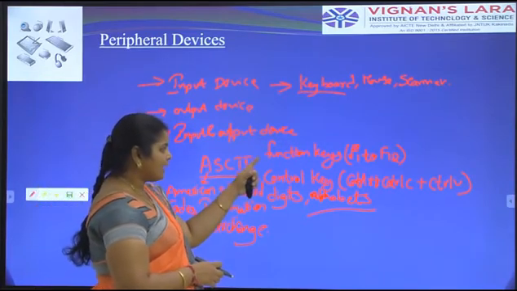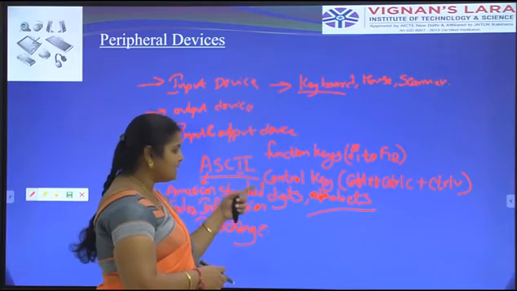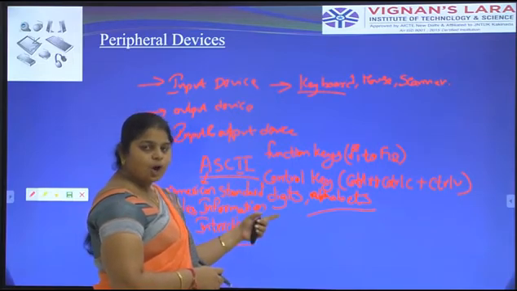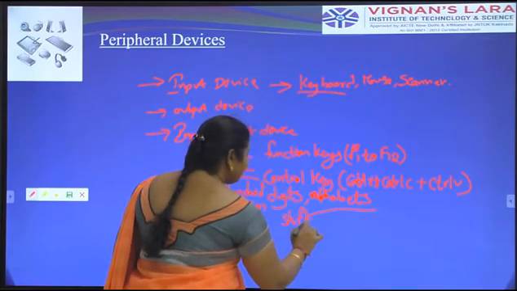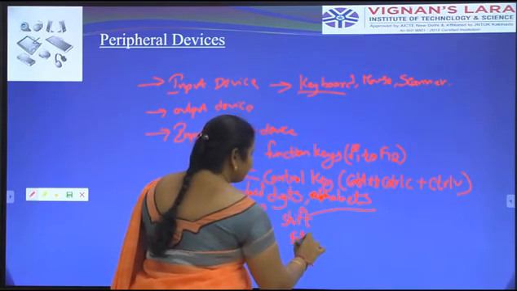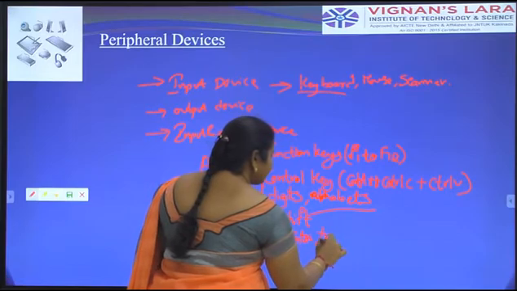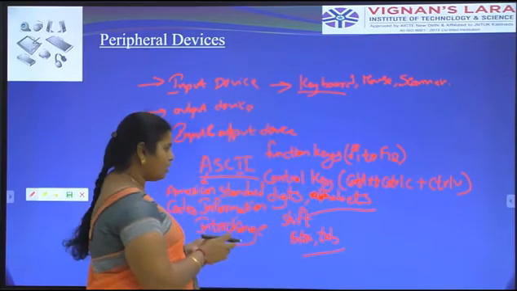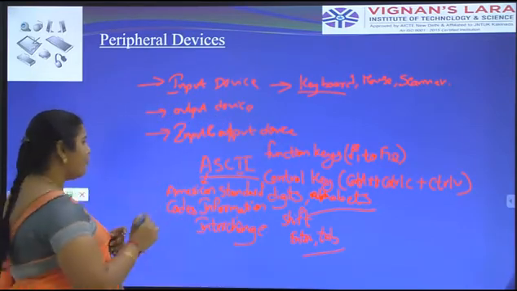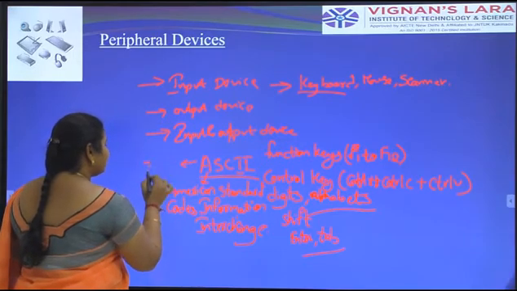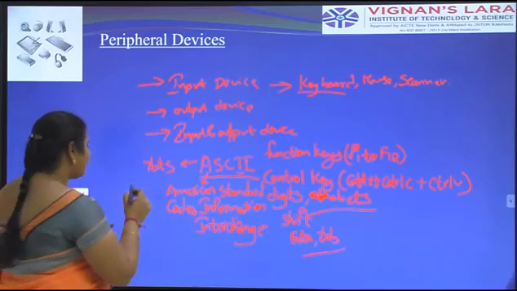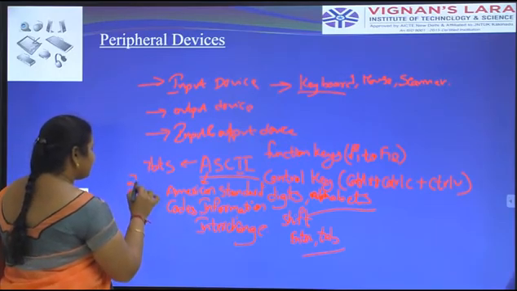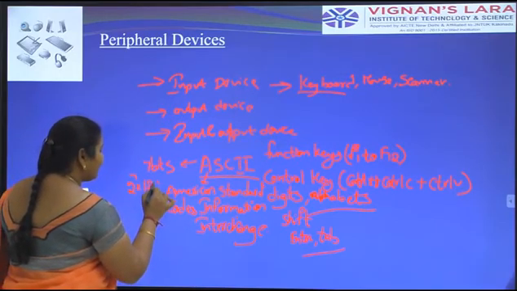The keyboard consists of function keys, control keys, digit keys, alphabets, shift keys, enter keys, and tabs. ASCII consists of 7 bits. We calculate 2 power 7, which is equal to 128 keys.